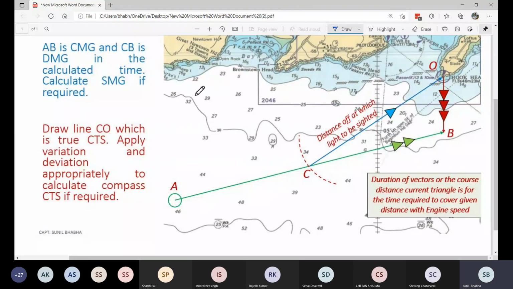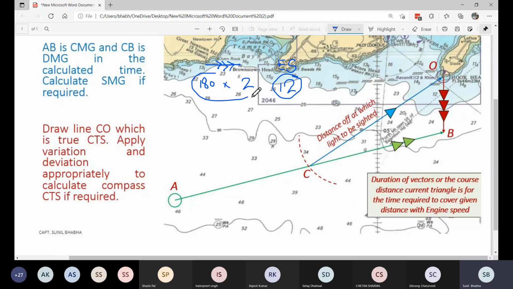Okay, let me tell you. Let us say the question says that the set and rate of the current is 180 and 2 knots. This is the current. Okay, let me draw the symbol here. This is what is given to us. And our engine speed is also given. They have given us an engine speed of 12 knots.